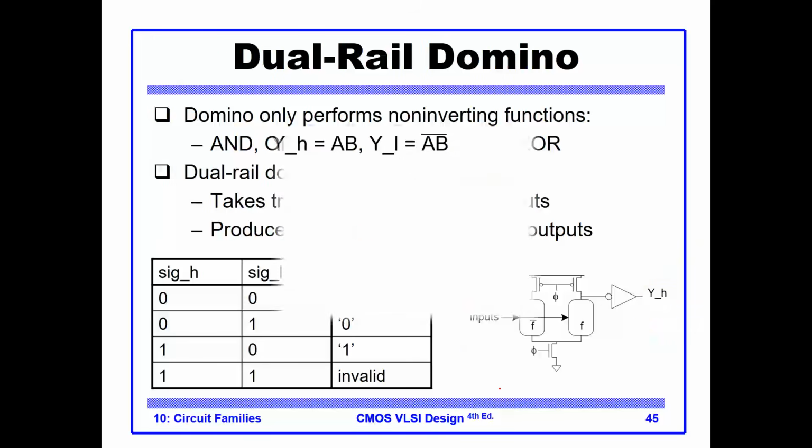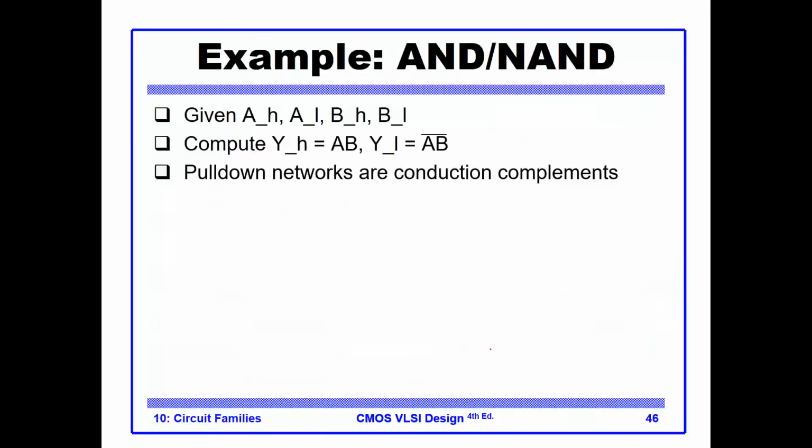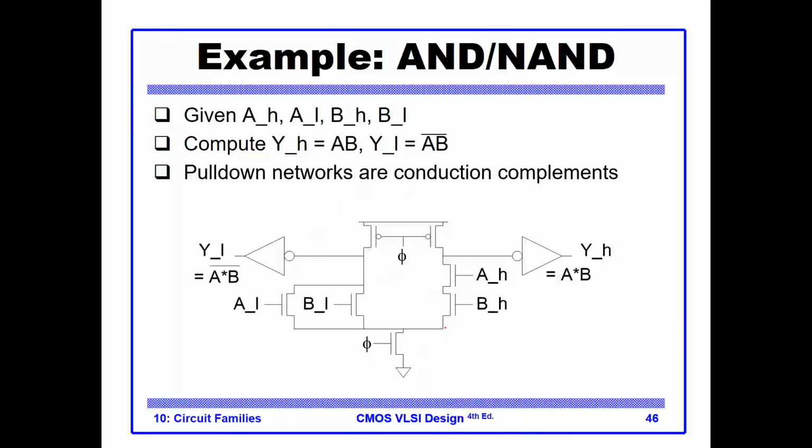Let's take an example here. In this case, we want to generate the a and b function. So here is y, which is equal to a and b. Now, obviously, this is the static inverter. I have to have it because I'm implementing domino circuits. And obviously, before it, the input to this will be y prime, which is a NAND b.